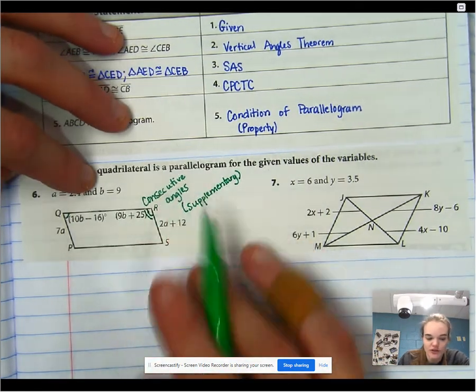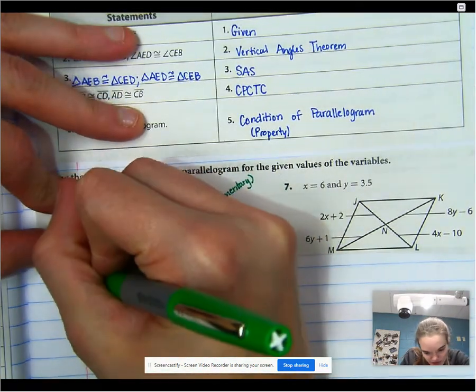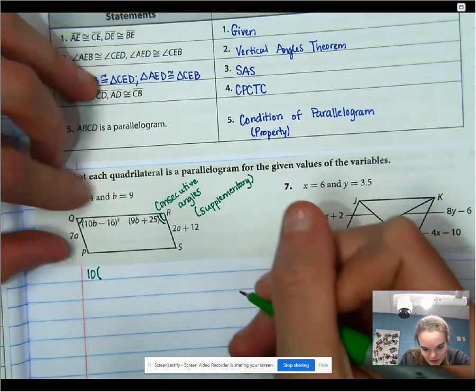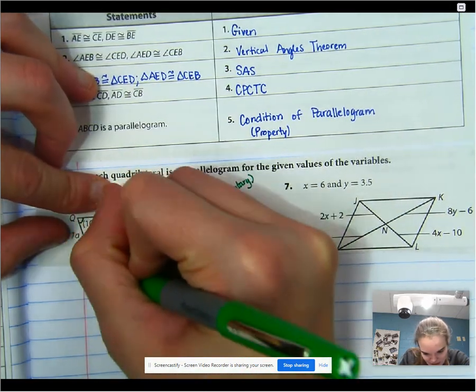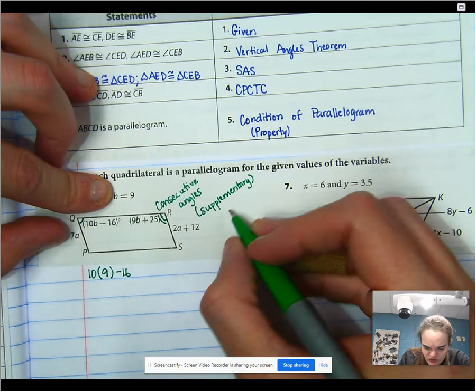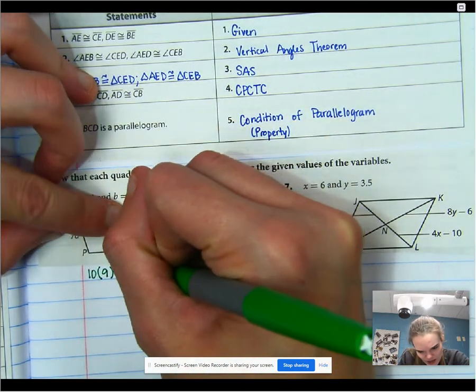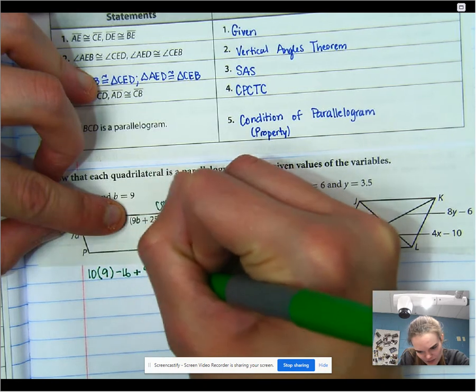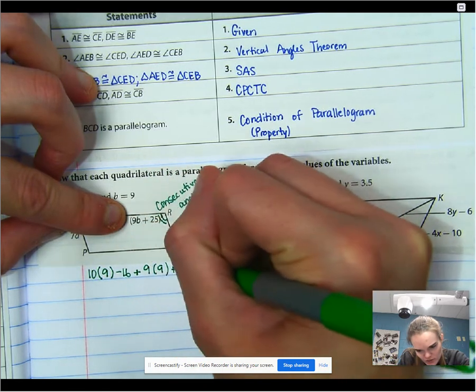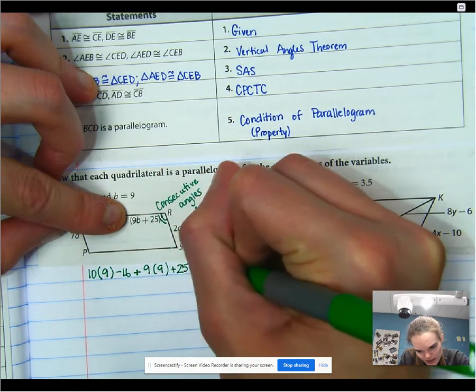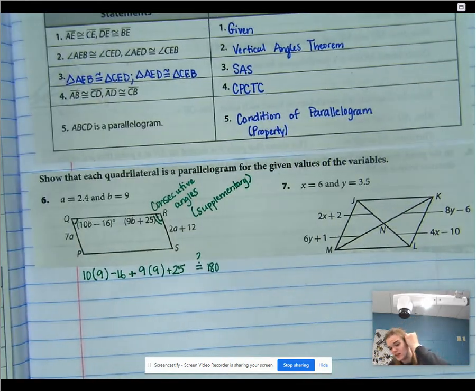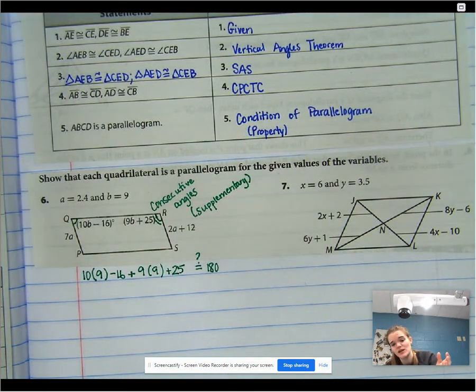So let's start with the consecutive angles. 10 times, instead of b, I'm going to put 9, minus 16, plus 9 times 9 plus 25 should be equal, we don't know, to 180. Supplementary, remember, adds to 180.